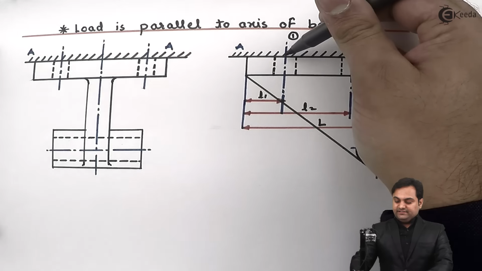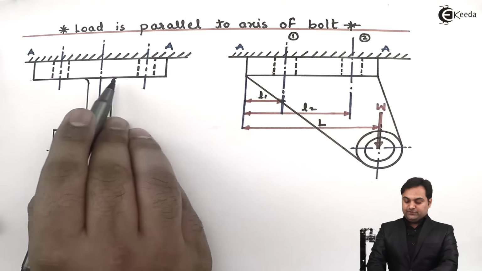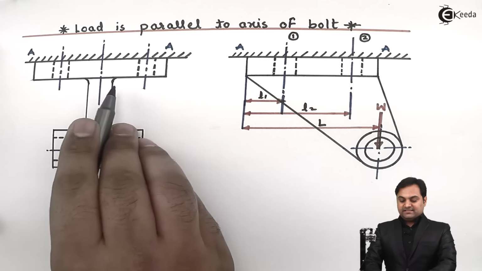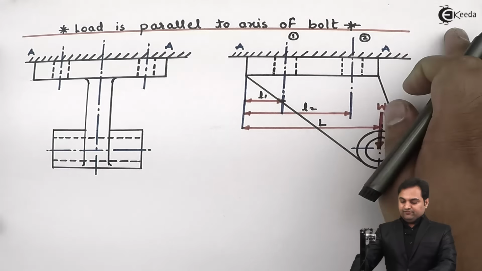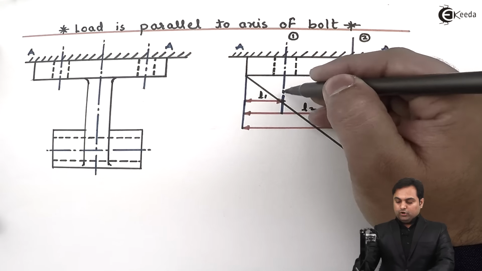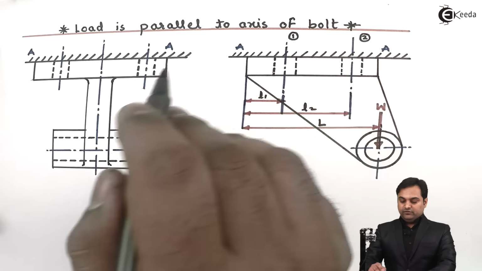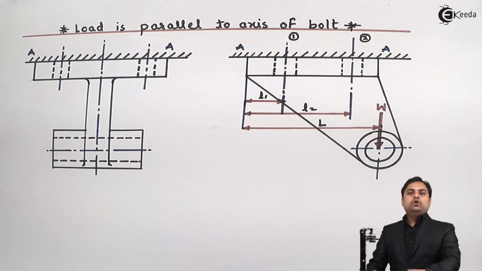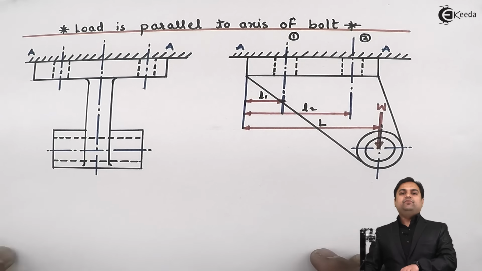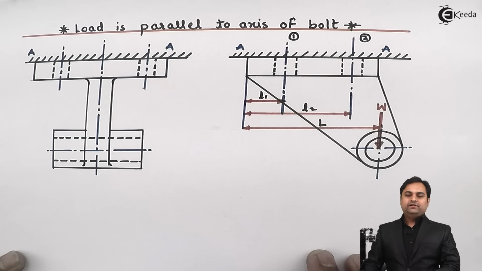Now at these centers there are two bolts, as can be seen from the other direction. Like for example, on center line 1 there would be 2 bolts, on center line 2 there would be 2 bolts. So in total in this problem we have 4 bolts.